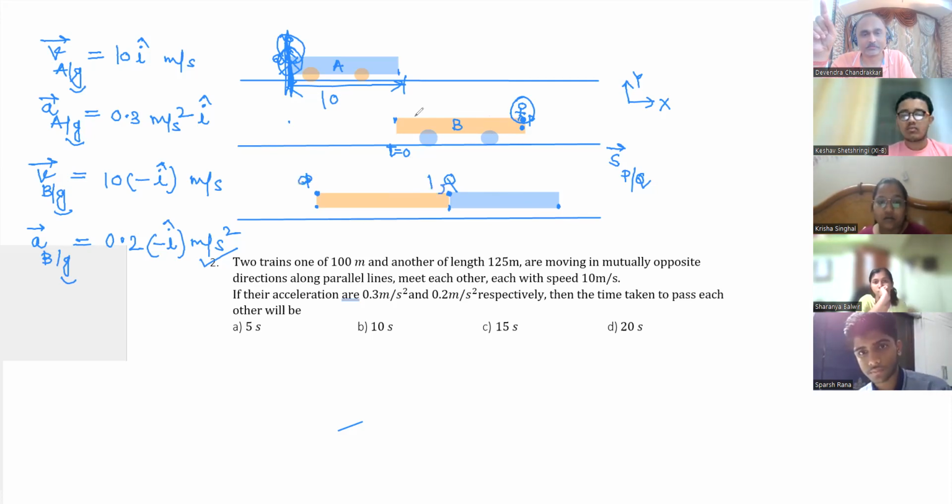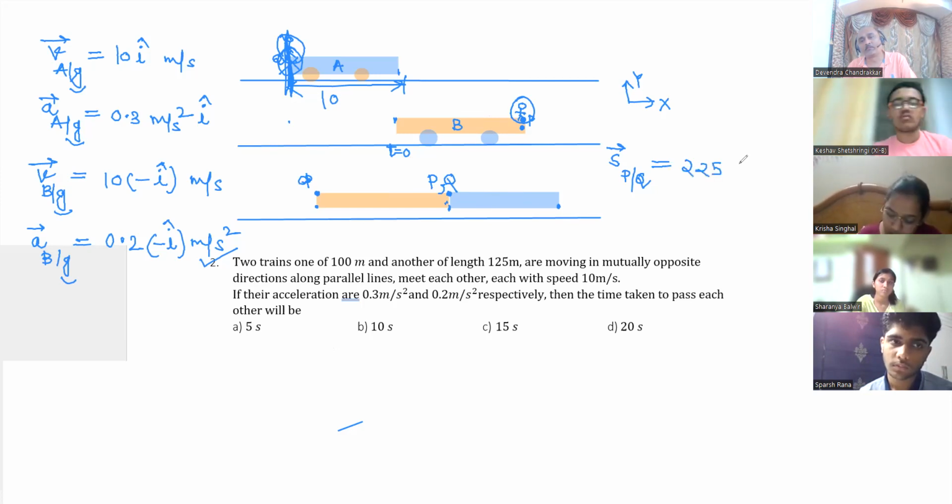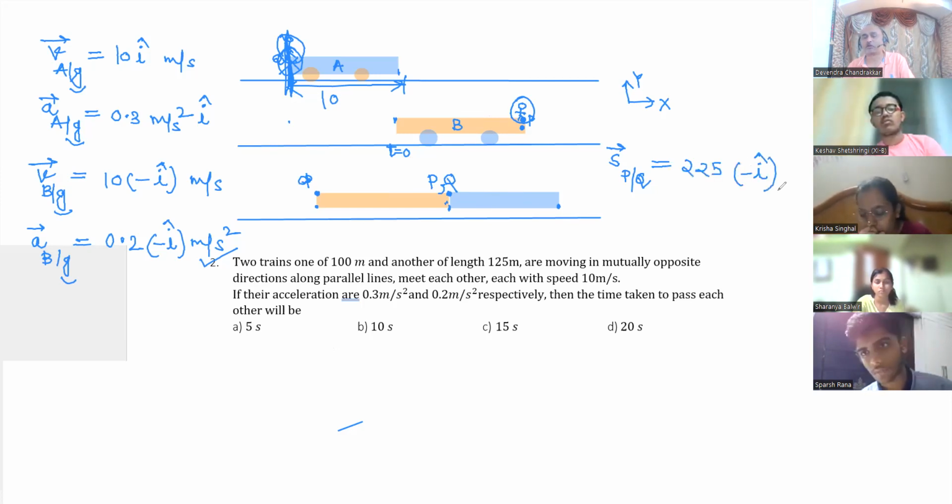Yes. Then only the displacement will be 0, right? Okay. So this is the case. So if I say what is displacement of P with respect to Q, then it is 225 minus i cap. Yes or no? Is it minus i cap or plus i cap?